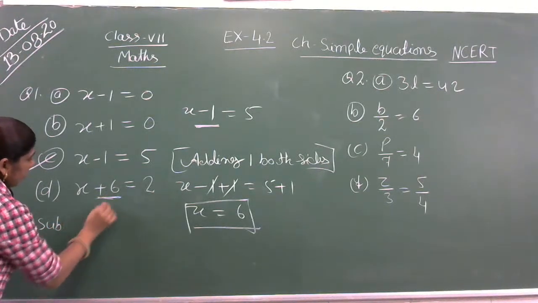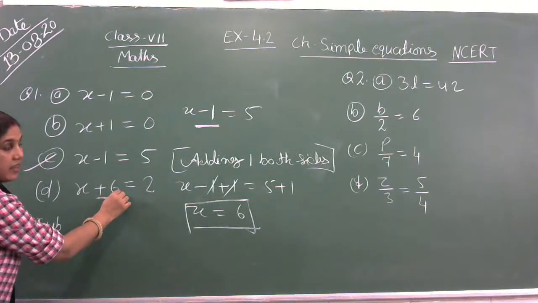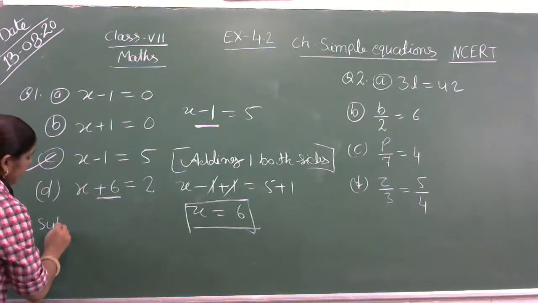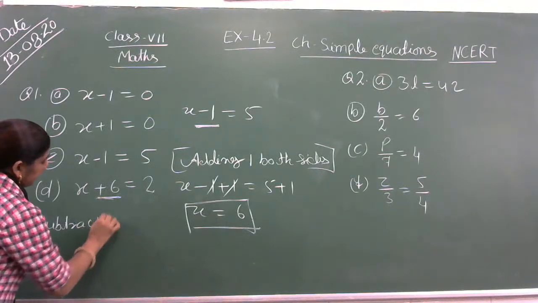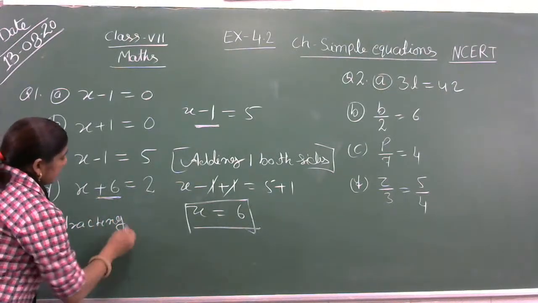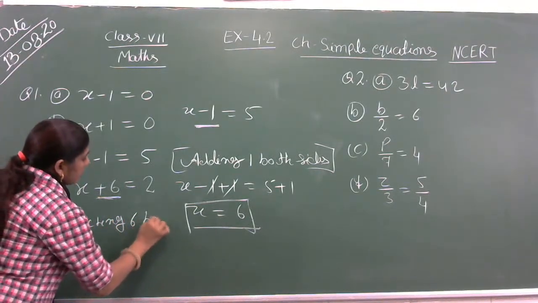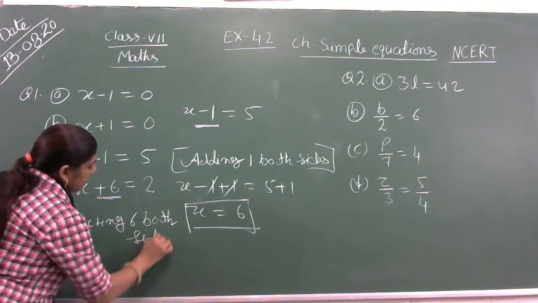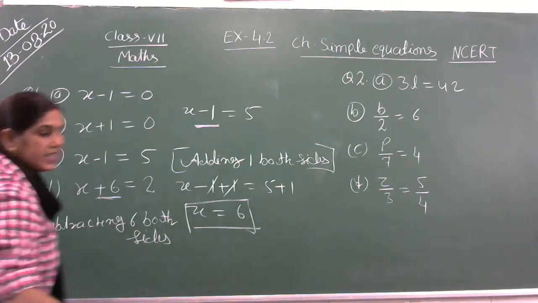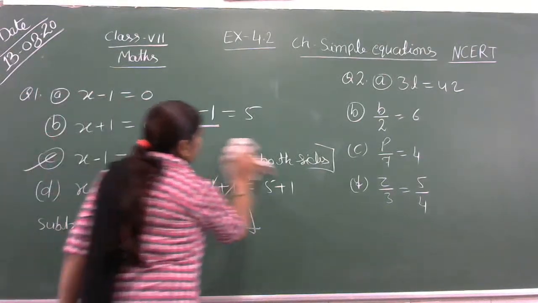Subtracting, because given here is plus 6, we have to cancel it. So what will we do? Subtracting 6 from both sides.